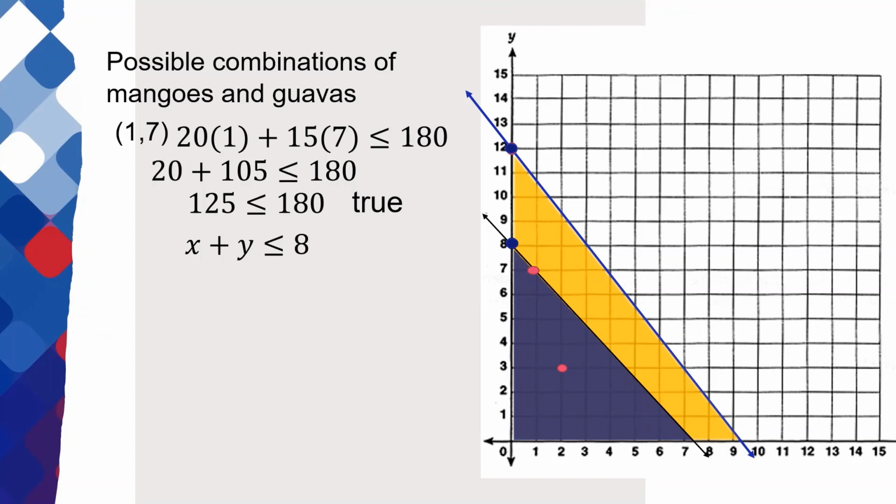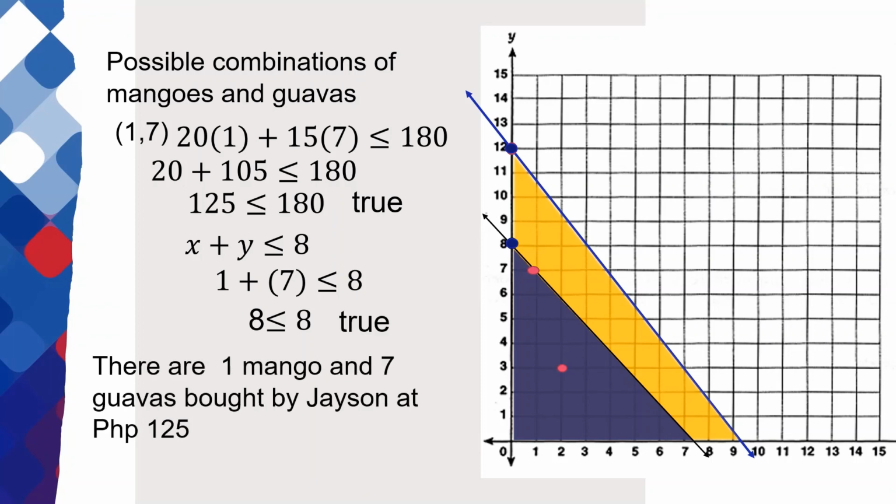So x is 1 and y is 7, and that is 8 is less than or equal to 8, which is also true. So meaning that there are 1 mango and 7 guavas bought by Jason at 125 pesos.